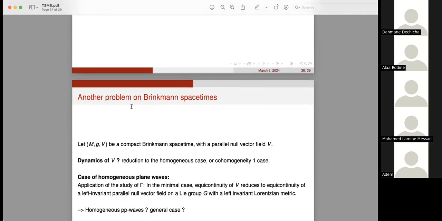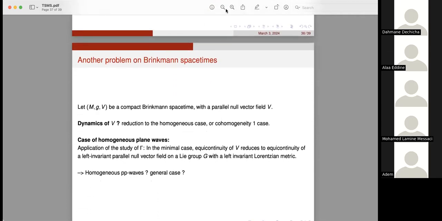Okay. So one of the interests, in the case of homogeneous plane waves, of the equicontinuity question is that we can apply it to study the dynamics of V. But this question makes sense in the full general setting of Brinkman spacetimes.